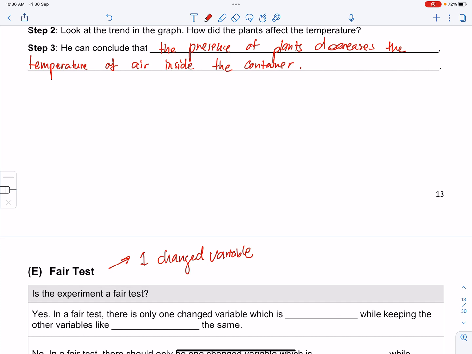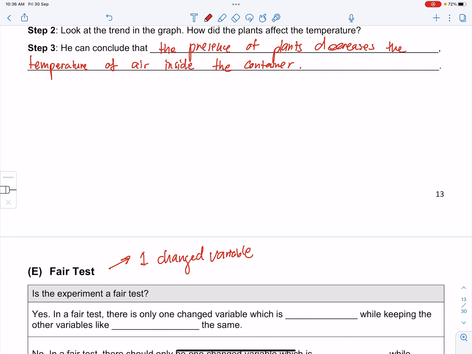If they specifically ask something like, why is it that the two containers used must be exactly the same? Ask yourself, how would using the same container affect the outcome of the experiment?